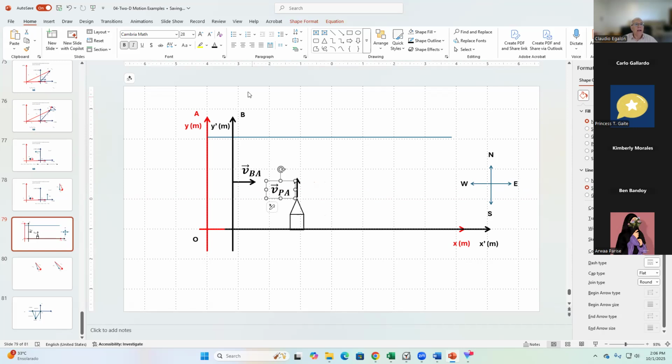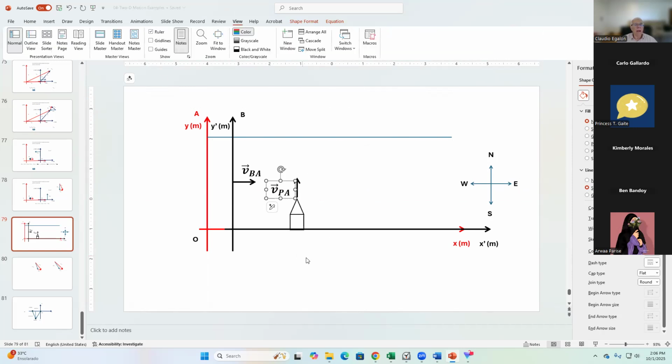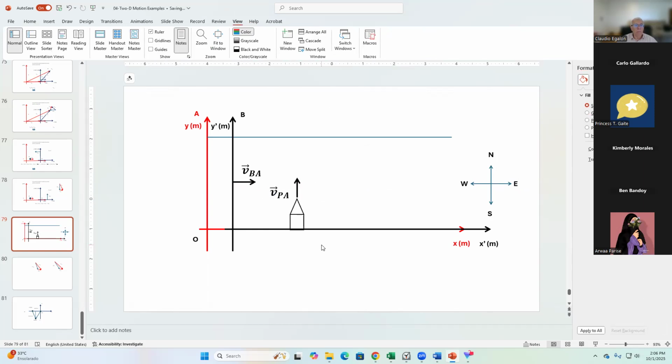We're doing just the qualitative treatment of this problem right now, and then we're going to get into the quantitative treatment. If it's pointed towards this direction, what's going to happen?